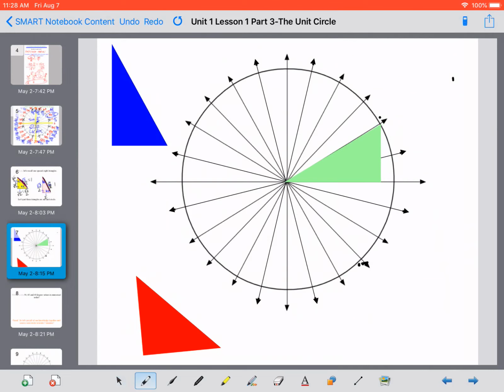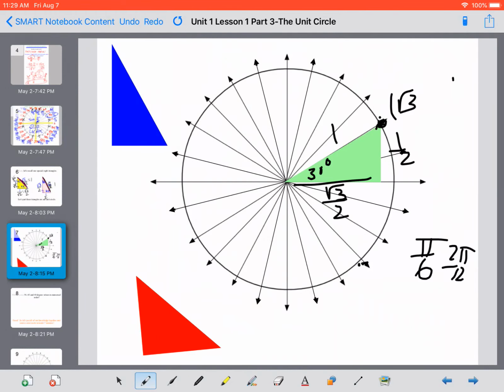And we recall that we needed a radius of 1, so this is 1/2. Reminder, this is 30 degrees, or pi over 6 radians, or pi over 6 in twelfths is at 2 pi over 12. This is my root 3 over 2. So the point at 30 degrees, or pi over 6, is an x value of root 3 over 2 and a y value of 1/2.